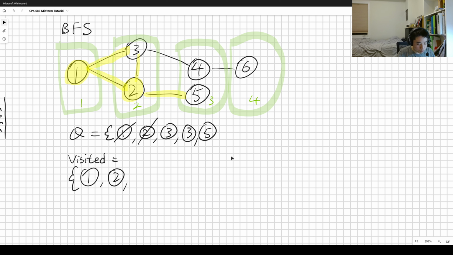So we've already processed 2. Now we can look at 3 because that's next in the queue, right? So 3 is right here, and 3 is connected to 4. Now, when you're implementing the algorithm, most likely you'll also somehow go back to the previous edge.